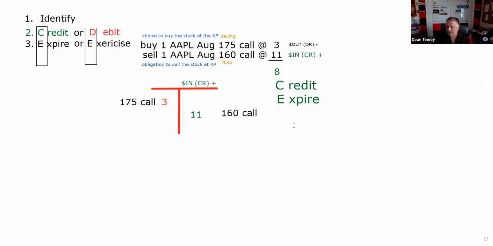That is absolutely what we want to have happen. Let me show you what I mean. If these contracts expire, by the way, that happens if Apple's at 160 or lower. I would be a happy camper.